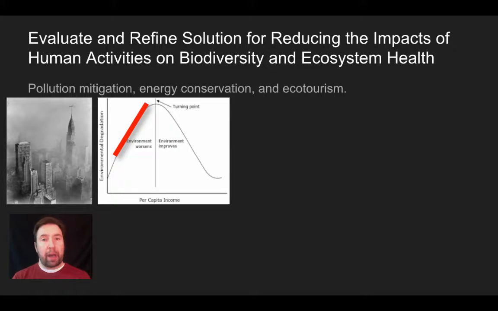But once we reach a turning point, some per capita level, the environmental impacts of that population start to get reversed, and we actually see a decline in the environmental impact and an improvement in the environment by more wealthy nations. This is a bit of a point of privilege: as a population becomes more economically stable, they're not willing to sacrifice the environment to eke out every little bit of development, but rather they actually want to have clean air and clean water and that sort of thing.